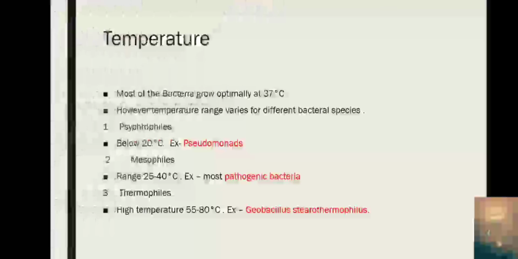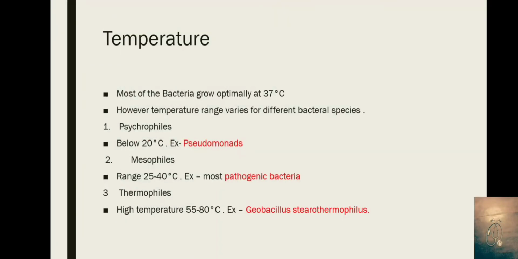Example, Pseudomonas. And second, mesophiles. The range is 25 to 45 degrees Celsius. Most pathogenic bacteria grow as mesophiles. And thermophiles grow at high temperature, 55 to 80 degrees Celsius. For example, Geobacillus stearothermophilus.